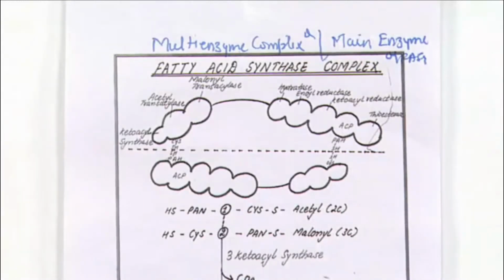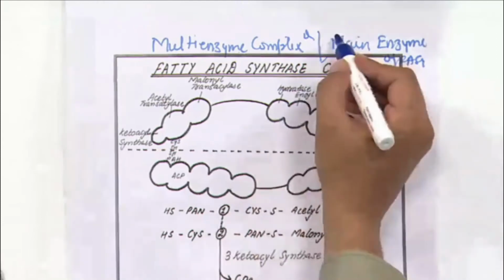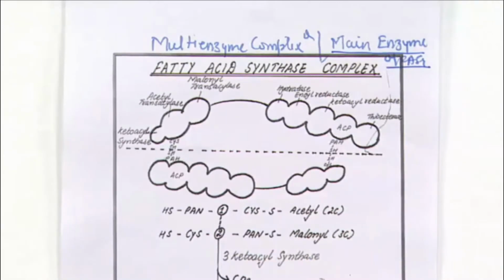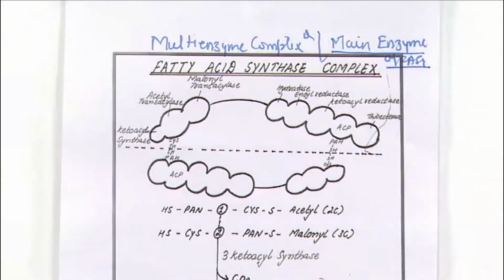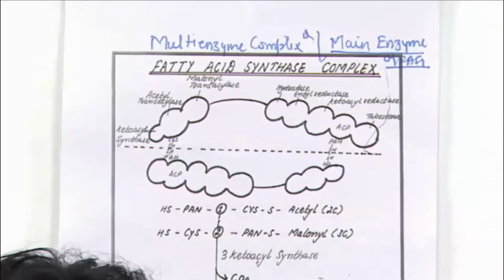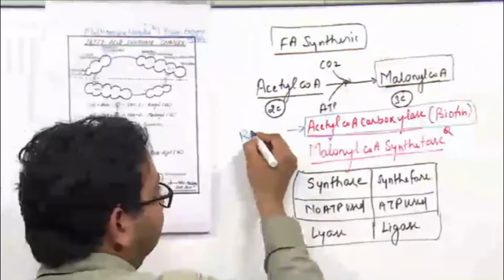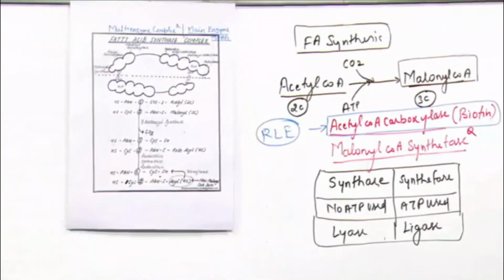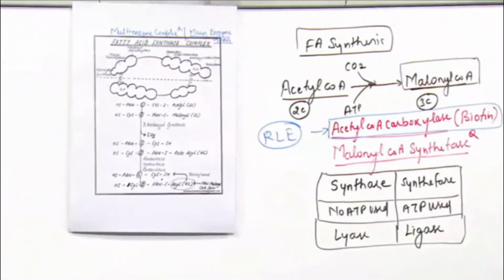If the question is asked, what is the rate limiting enzyme of fatty acid synthesis? Acetyl coenzyme A carboxylase. Acetyl coenzyme A carboxylase is the rate limiting enzyme for fatty acid synthesis.